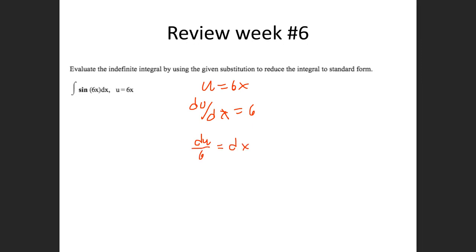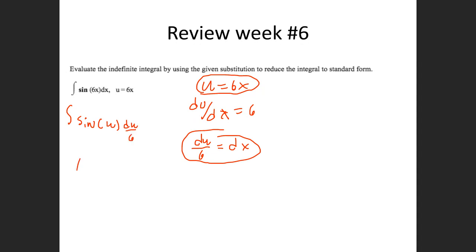So now I'm going to substitute this where I see u and this where I see dx. So it's going to end up being the integral of the sine of u and then du over 6. Now I'm going to bring that 6 out in front. So I'm going to rewrite it as 1/6 integral sine of u.